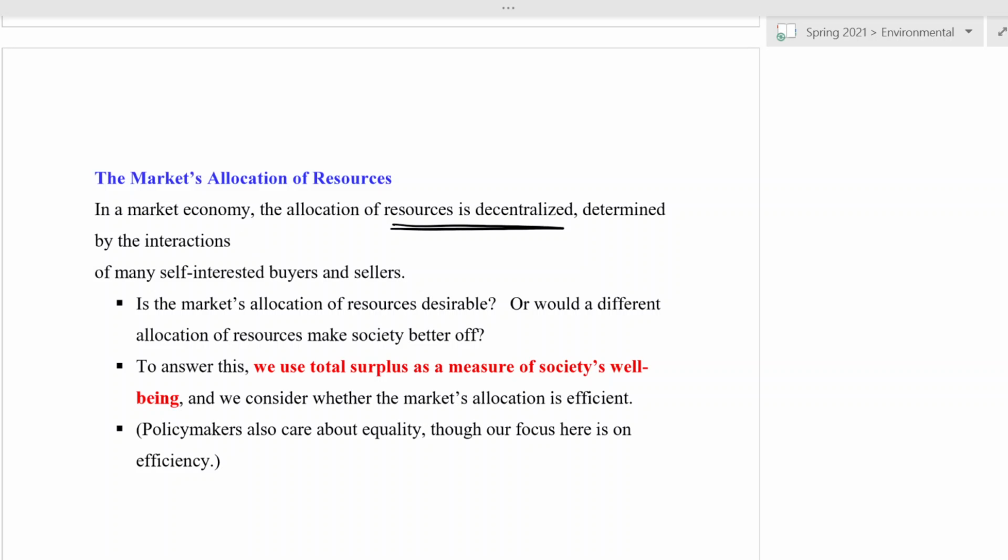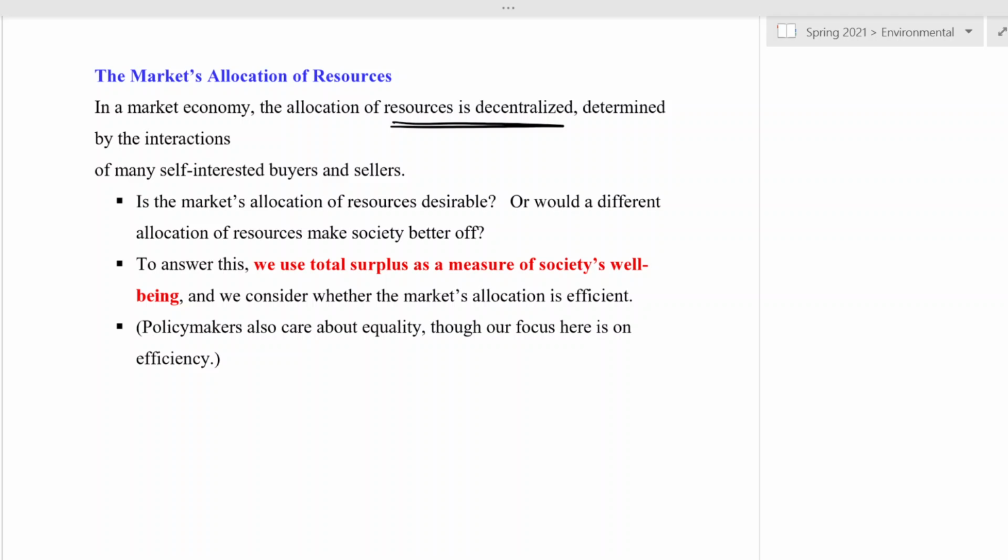And so we're asking ourselves now, okay, we know how it works. Is this allocation desirable? To do that, we're going to use total surplus to measure society's well-being and to consider whether or not an allocation is efficient.